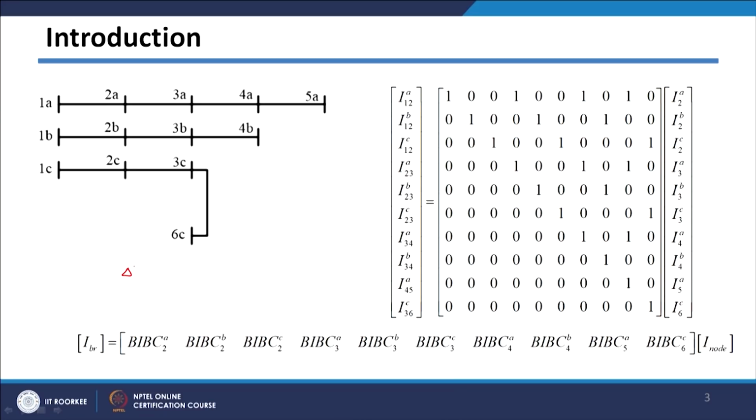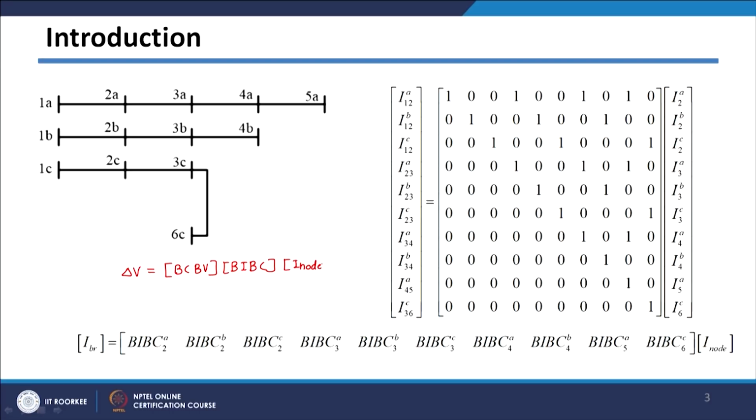We used a direct approach for load flow calculations, and in load flow calculation we have seen this equation: delta V is equal to the matrix BCBV multiplied by BIBC into your nodal current, I node.